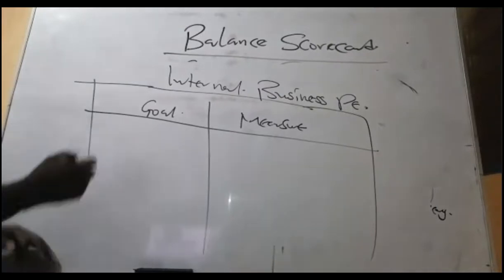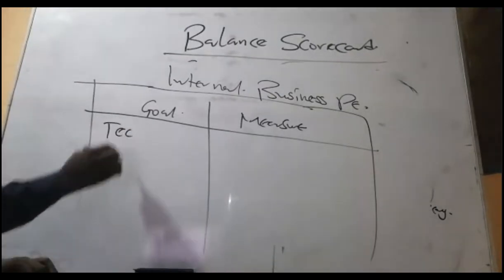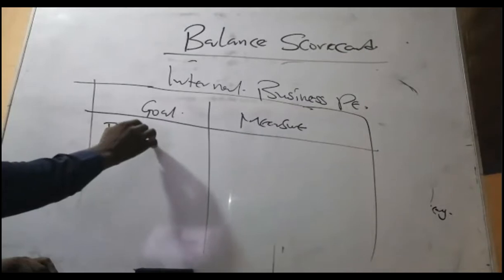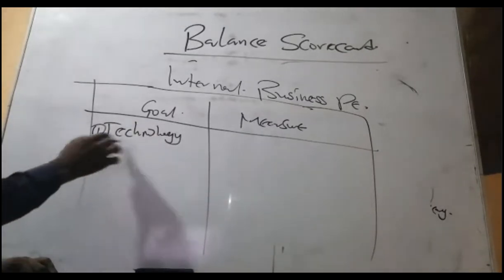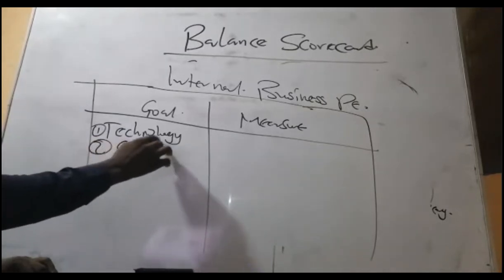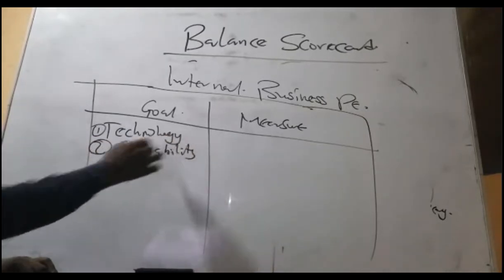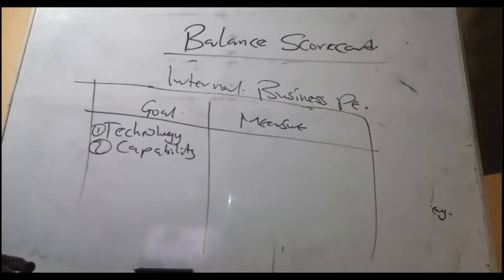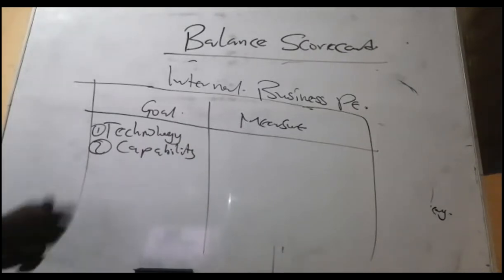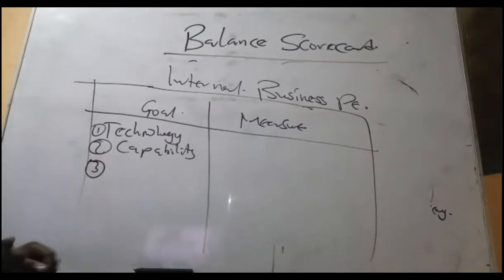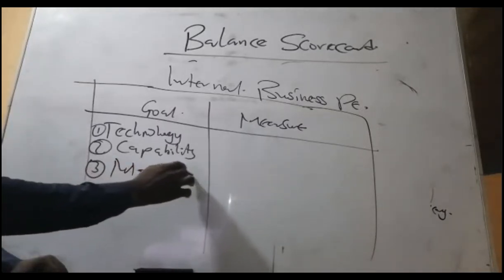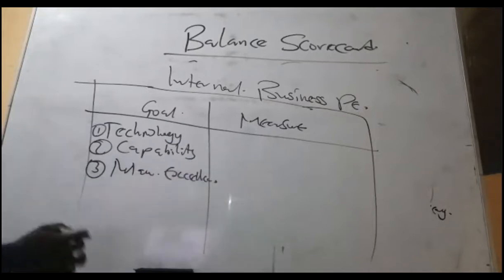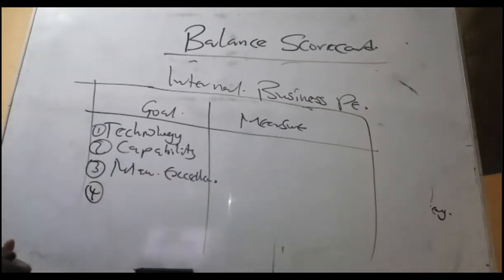Here there are many. You can set goals on what? 1, technology. 2, our capability. 3, the manufacturing excellence. 4, you can talk about what? Your design.